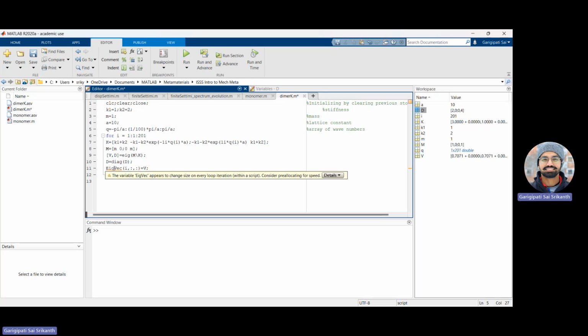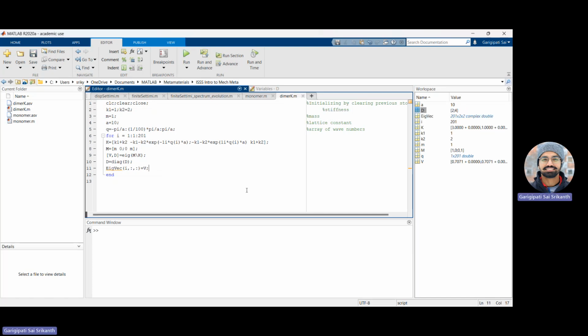What they're saying here is that the eigenvector appears to change size on every loop. So now let's just run it. We are running it, and yeah, it ran.